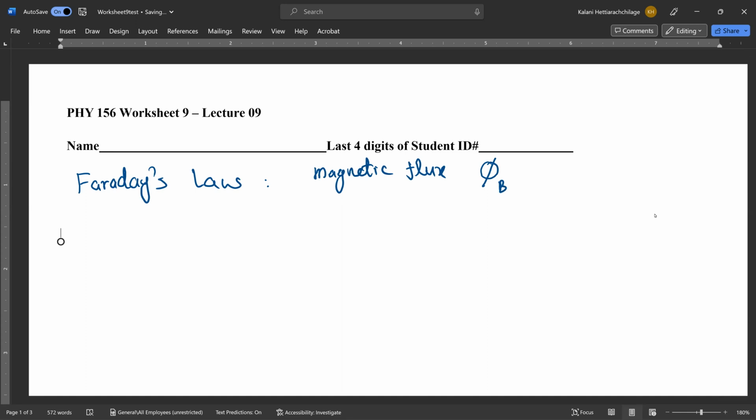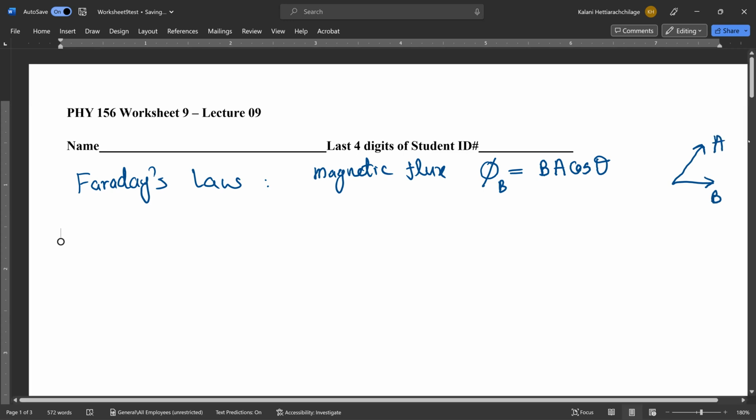Magnetic flux means basically how many magnetic field lines pass through the cross-sectional area of the object that you are taking, right? So now this magnetic flux can be written by using B and A and the cosine of theta. So cosine of theta is for the angle between the B and A vectors.